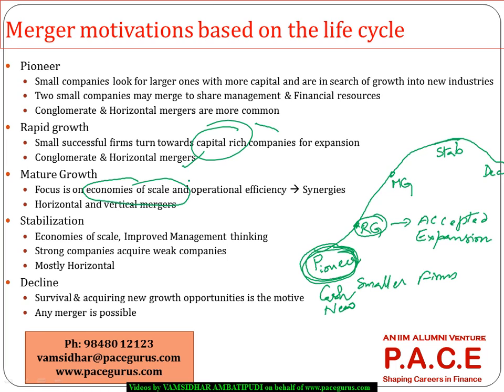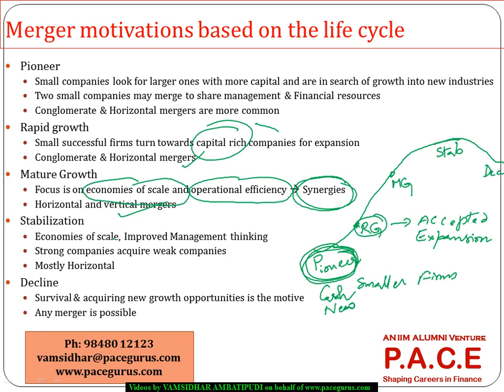So though the growth has come down, it is still occurring. So what is required at this stage is efficiency in the operations, reductions in the costs, economies of scale. So this is where the synergy based mergers are more and more focused. So that's where you see horizontal and vertical mergers happening more during this stage of the industry life cycle.